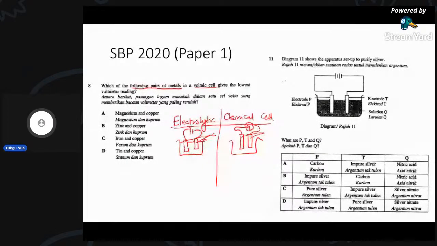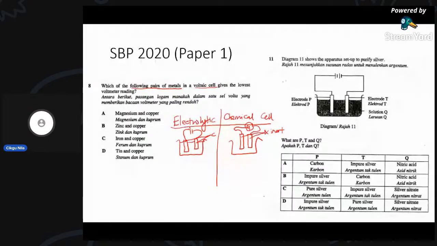When you use two different types of metal, the metals take part in the chemical reaction, meaning the electrodes are not inert anymore, because they take part in the chemical reaction.